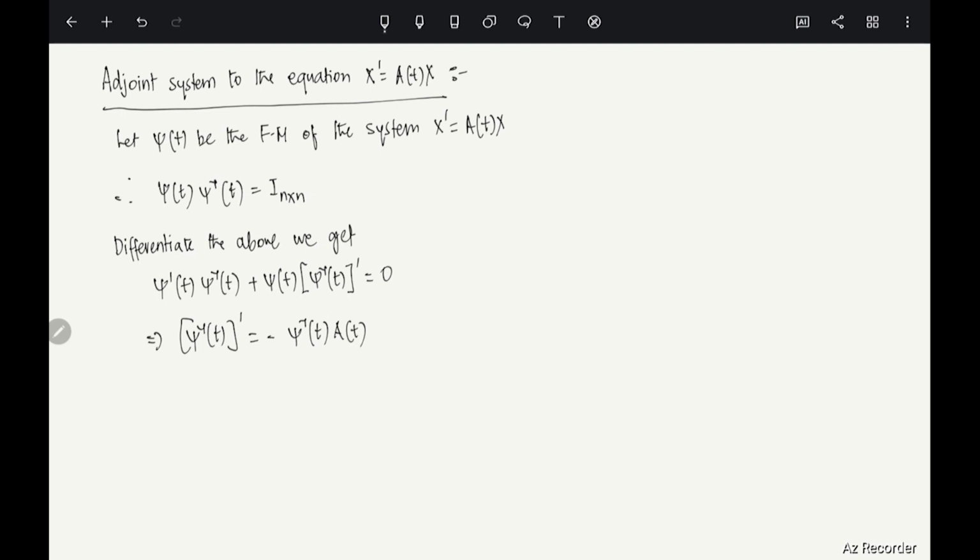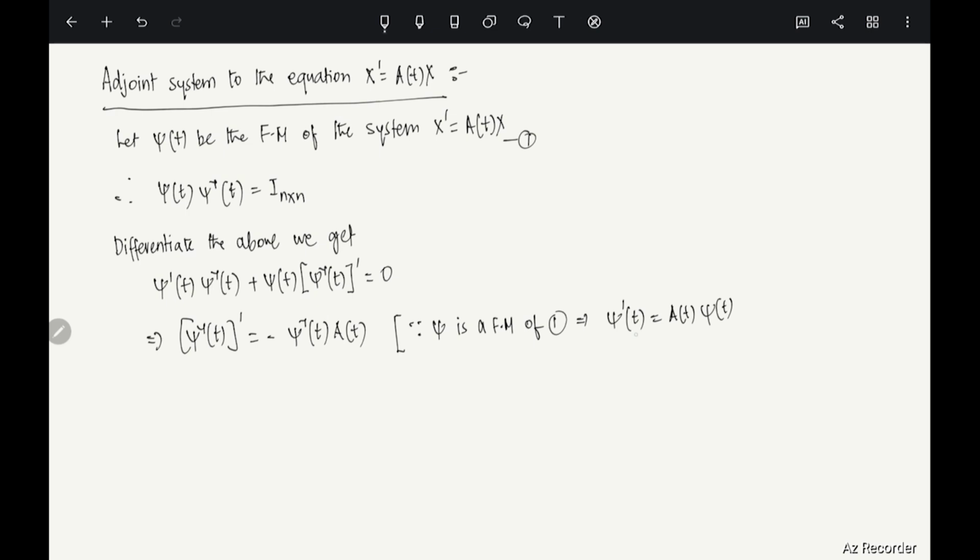Why is this true? Because phi is a fundamental matrix of system 1, that will imply that phi prime of t equals A times phi of t.